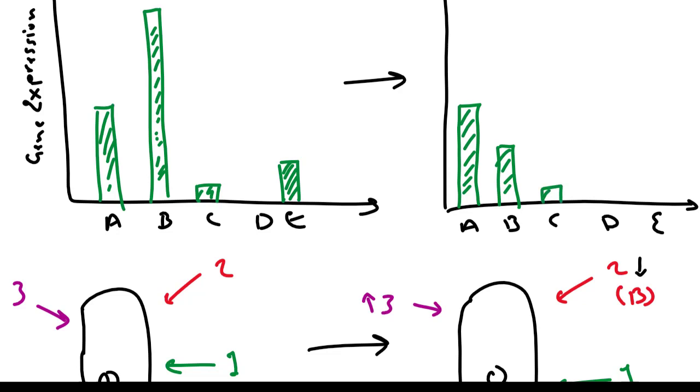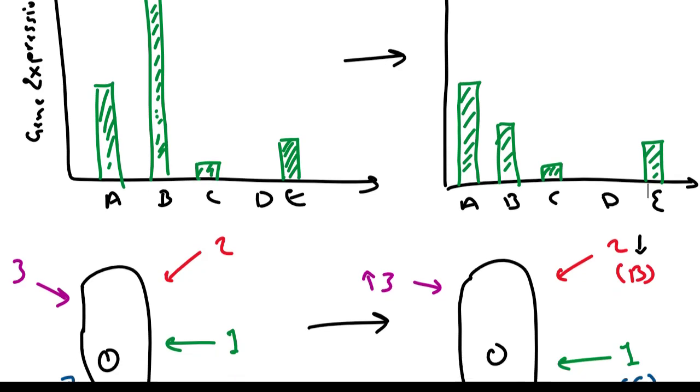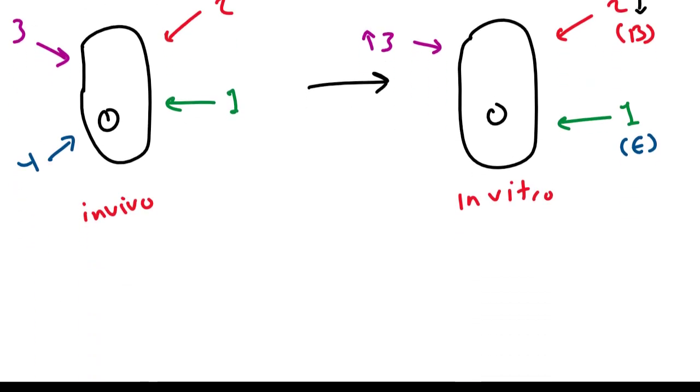Of course, D is silenced. And E is the same. So now you have a slightly different expression level of different genes. What you will get is a slightly different phenotype. So this phenotype is going to be slightly different. The in vitro phenotype will be slightly different than the in vivo phenotype.